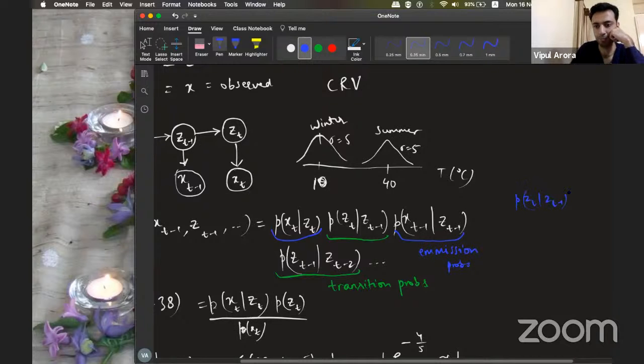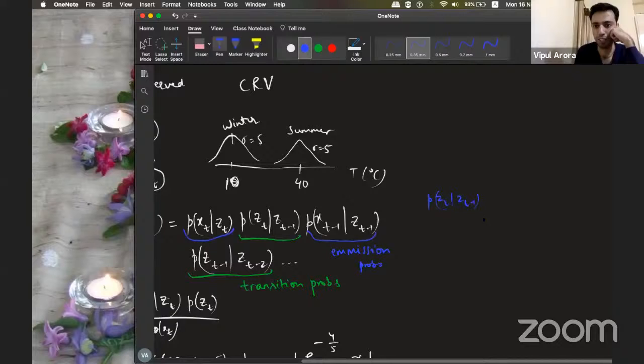Let's say it will be a matrix. Let's say this is zt and this is zt minus 1. Zt is summer, winter, summer, winter. So how will you initialize your values?